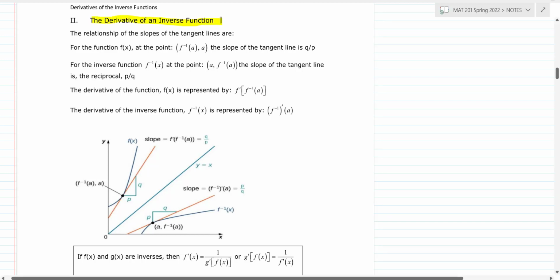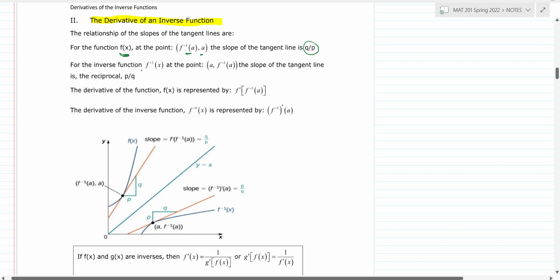So a couple of things that I want to go over in this diagram below here. The relationship of the slopes of the tangent lines are like this. If you have a function f of x, and you have this point, and the way this is written, a is just some constant, the x value is actually the function value of the inverse, and then you have just some arbitrary a. So if the slope of that tangent line is given as the ratio q over p, then it works like this for the inverse function.